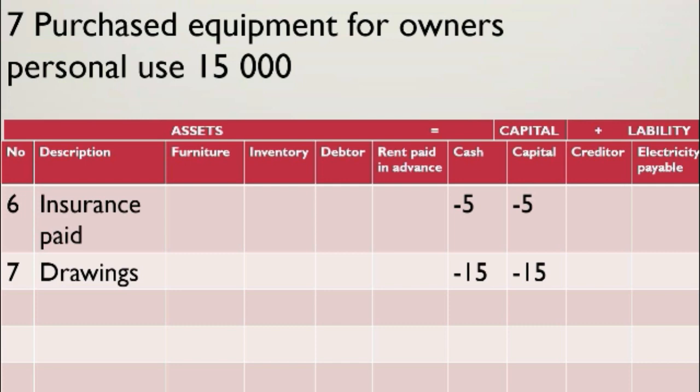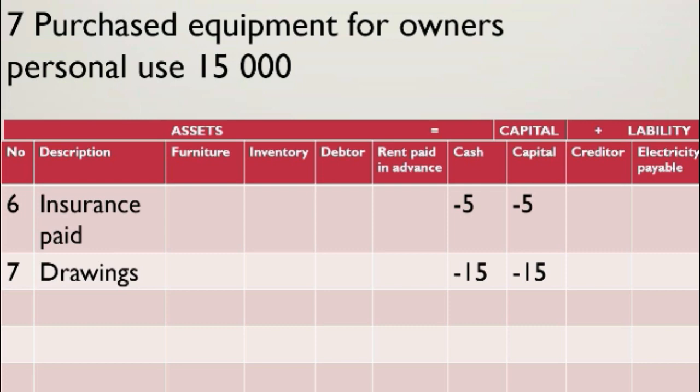So think from a cash point of view, business has to buy equipment for owner. So what is happening to business cash? Business cash is going out by 15,000. Cash is reducing by 15,000. So we can go to the cash column and minus 15,000. The owner is taking 15,000 from the business.